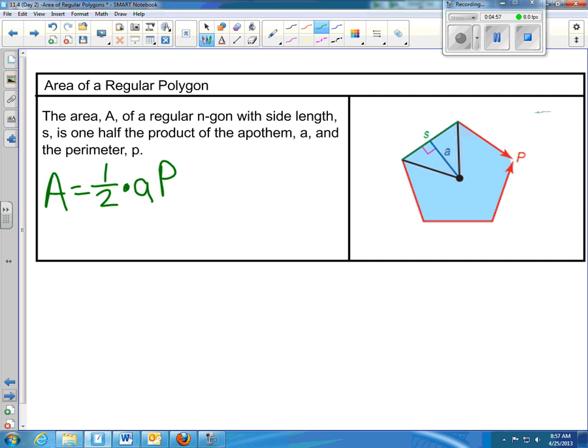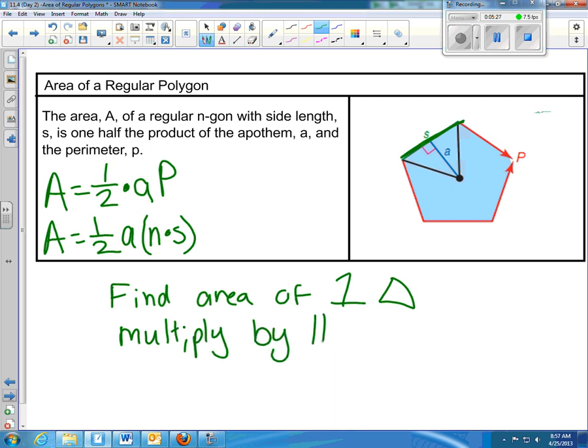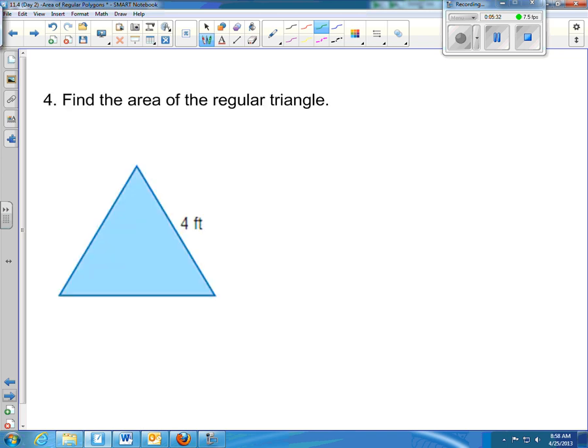Our perimeter, you see here, s is the length of our side, and we talked about n is the number of sides. So we could say 1/2 the apothem times the number of sides times the side length. Both of these are going to just basically come down to, again, find the area of one triangle multiplied by number of sides. And that's going to be our most basic way to do this.